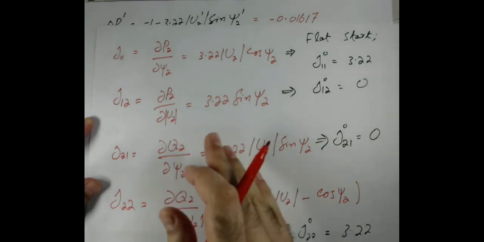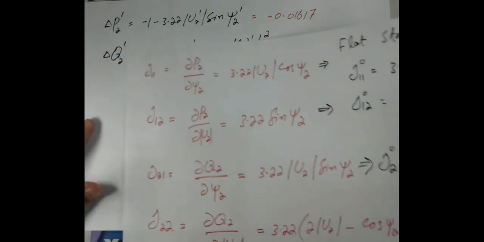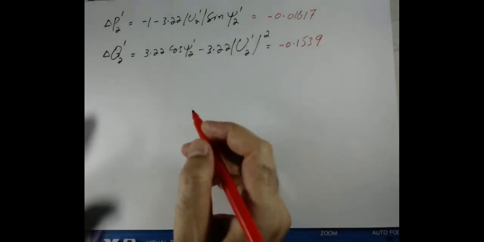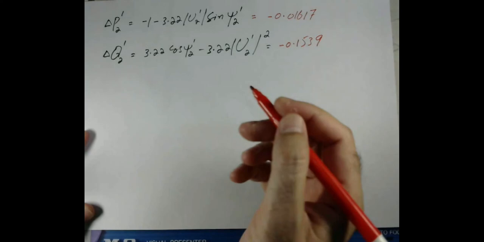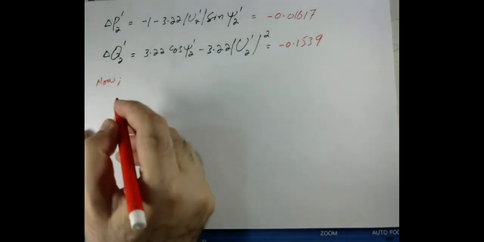So putting in the updated values of the angle and the voltage, we will get the new entries. Based on the updated values, I will get the Jacobian matrix.